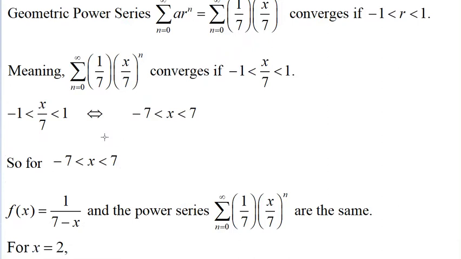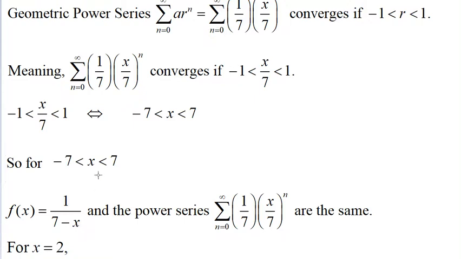And so what this means is this: if x is any number between -7 and 7, then this function and this power series are the same. So this is called a power series representation of the function 1 divided by 7 minus x.